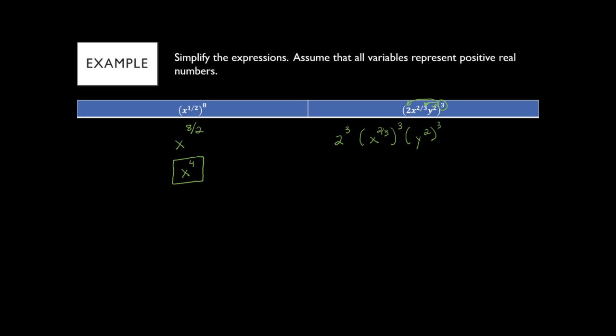Now you multiply exponents together, and we can do 2 to the 3rd power. 2 to the 3rd power is 8, so I can write that as 8. Then I've got 2/3 times 3, so I can write that as 6/3. And for the y, 2 times 3 is 6. Then I can reduce 6/3. 6 divided by 3 is 2, so I got 8x squared y to the 6th.